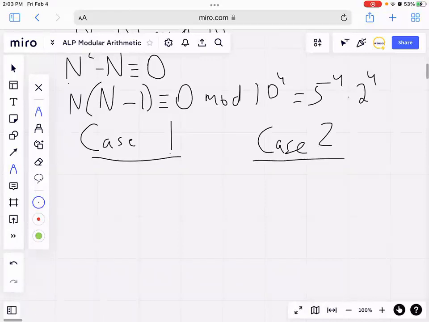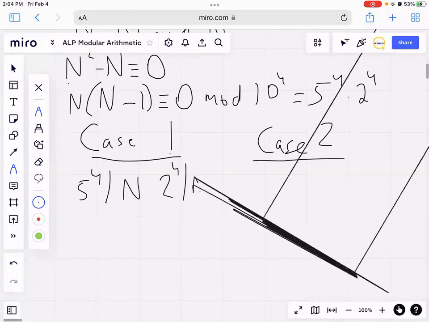The first case is if n is a multiple of 5 to the power 4, and n minus 1 is a multiple of 2 to the power 4.